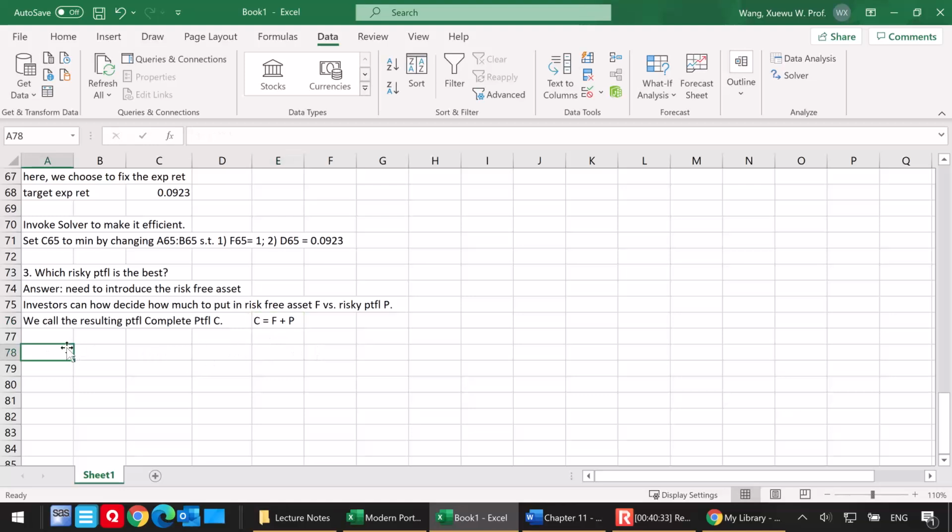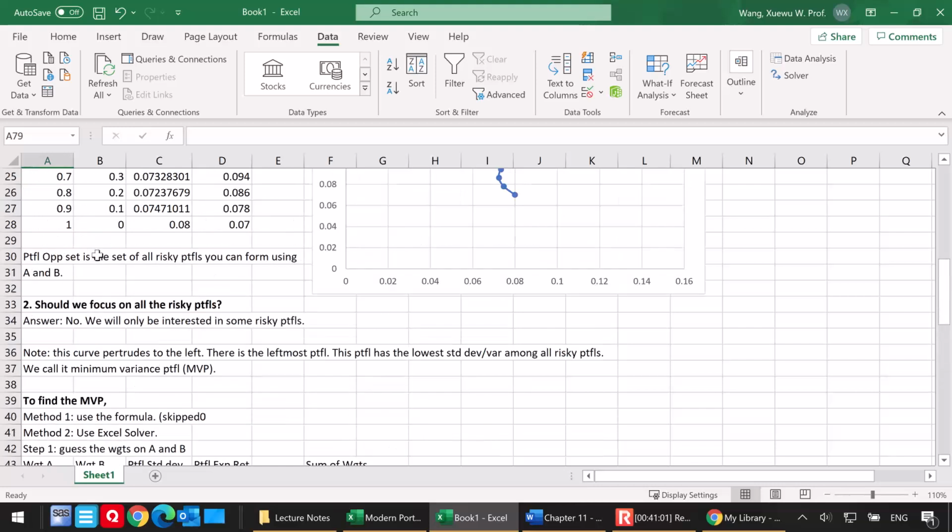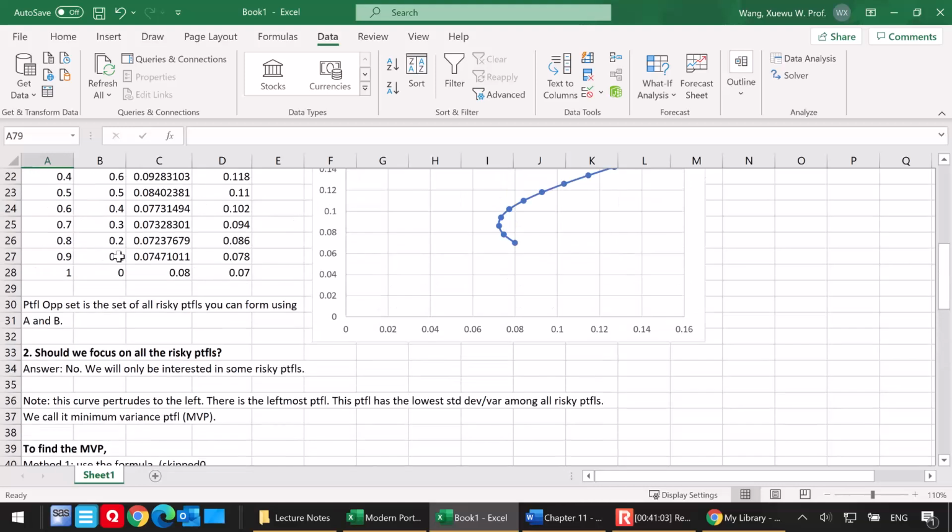I need to develop some intuition here, so I'm going to start with an arbitrary pick, an arbitrary risky portfolio, and we just call it P here. Which one? Well, we have all these risky portfolios for you to pick from. So I'm just going to pick the one in this row.